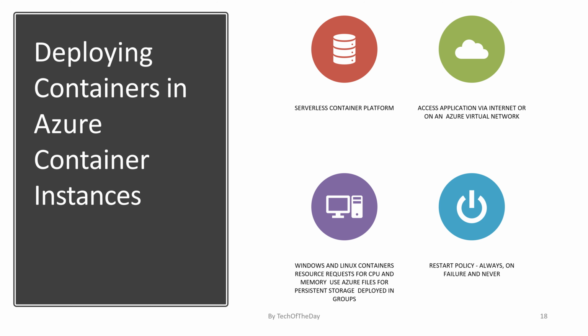The final feature that I want to call out about ACI is that you can define a container restart policy. Container restart policy tells ACI what to do if an application running inside of the container stops, and your options are restart always, restart on failure, and restart never. Always will restart the container if the application running inside the container stops for whatever reason, and this is the default option if you don't specify a restart policy when you deploy your container.